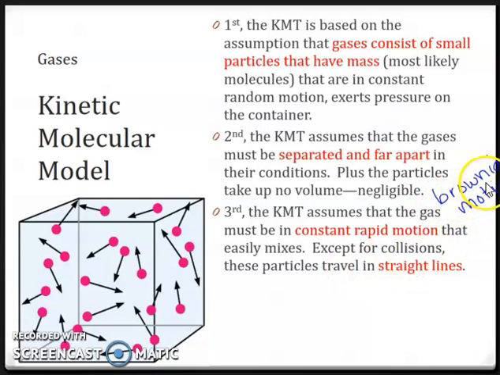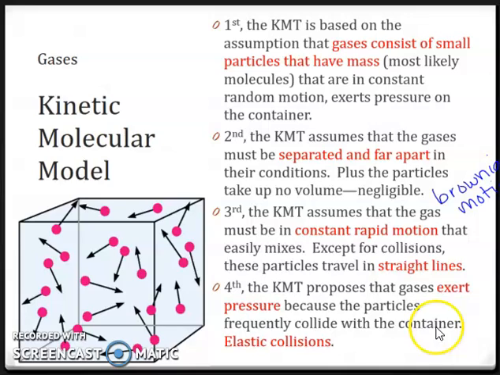Again, random motion, a term created by Einstein, describes this. And then the fourth assumption is that gases exert pressure because the particles frequently collide with the container. The more collisions, the more pressure. That is directly proportional to how fast they're moving, which has something to do with temperature, doesn't it? So all these things kind of come together.